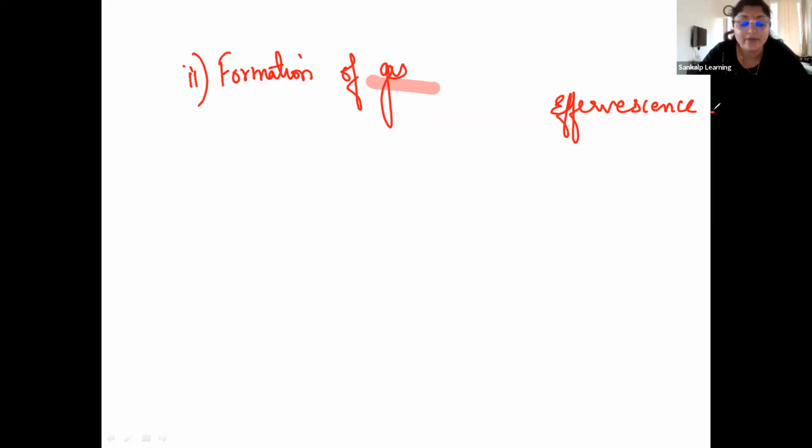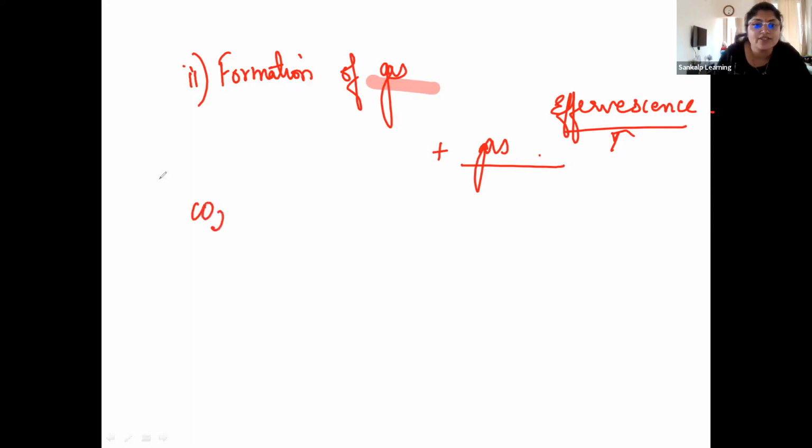So what is happening there? There will be release of gas, which is carbon dioxide gas. So the product obtained will be a gas, which is called effervescence. Common chemical reactions with effervescence usually release carbon dioxide. Which are the common gases which are released?